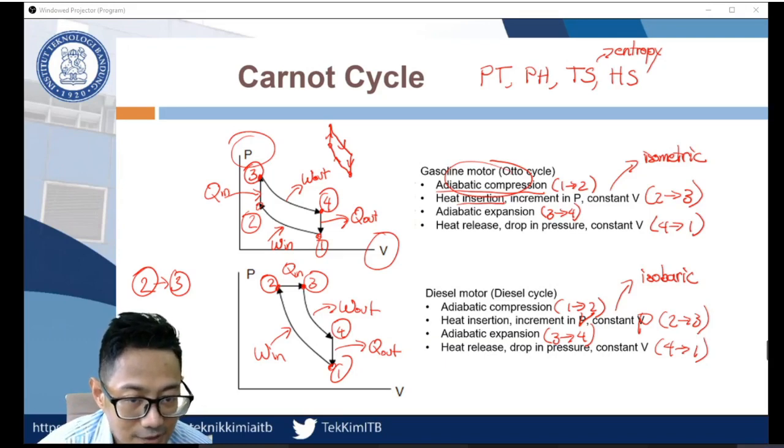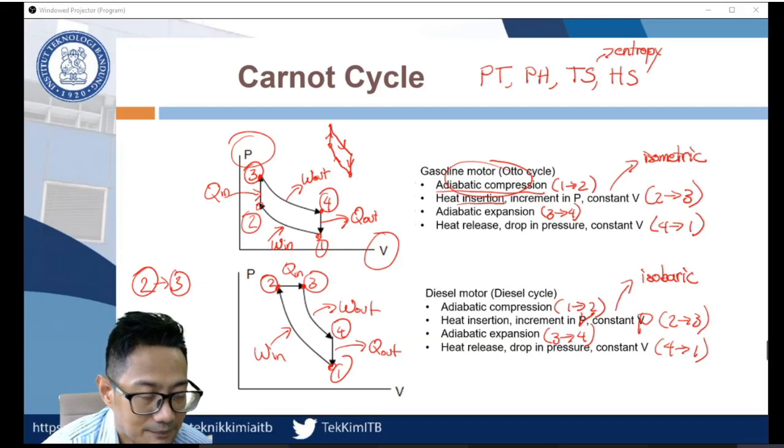Okay, I hope now you can understand the difference between Otto cycle and diesel cycle, how it works, and how you can compare with the reality, and how to calculate the efficiency. Use the same principle as Carnot cycle.